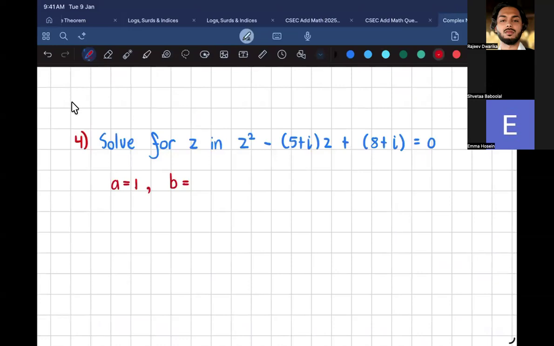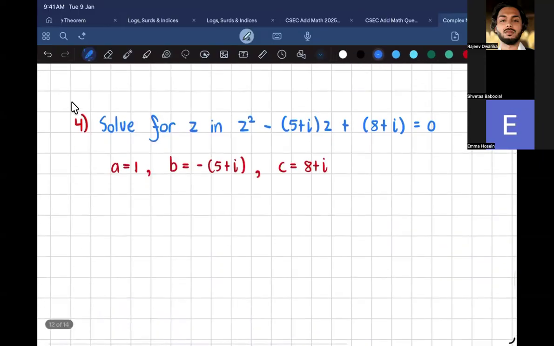Everybody okay with this? All right, so to find z, that's going to be negative b plus or minus the square root of b squared minus 4ac, all over 2a.